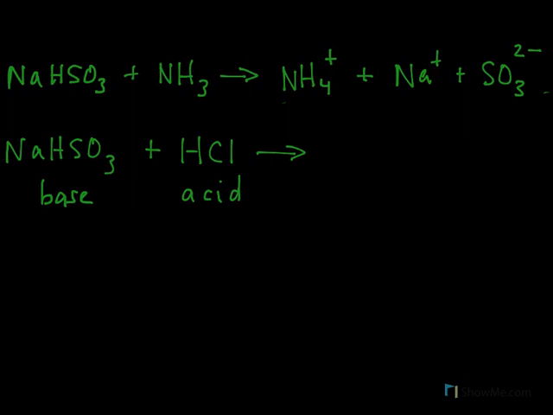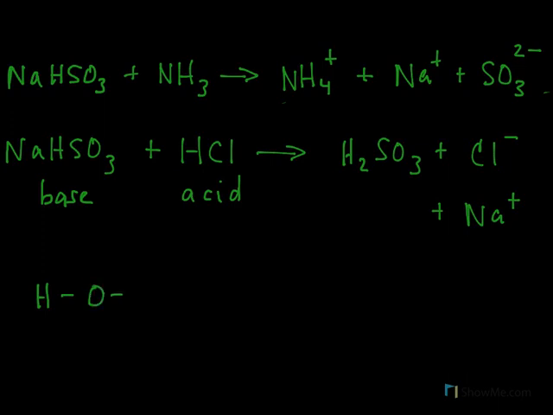So the acid is a proton donor, the base is a proton acceptor, so your products will be H2SO3, the chlorine will be a negative, plus the sodium. So let's just look at this more closely. Again, the reactive species here is HSO3 minus.